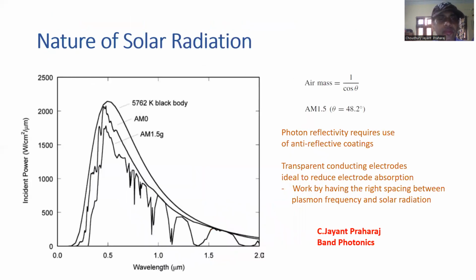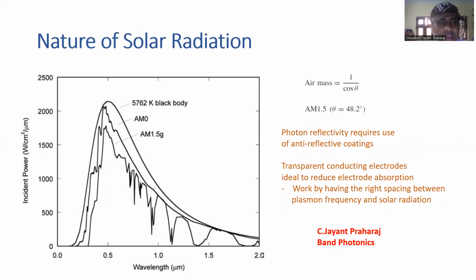This slide shows the nature of solar radiation, basically the photon power spectrum in solar radiation. It shows the solar radiation both in outer space beyond the atmosphere of the Earth and also at the surface of the Earth after absorption by molecules in the atmosphere. So there are diatomic, triatomic, and other kinds of molecules in the atmosphere which absorb solar radiation, and they absorb photon energies in very specific bands, some in the ultraviolet and some in the infrared.